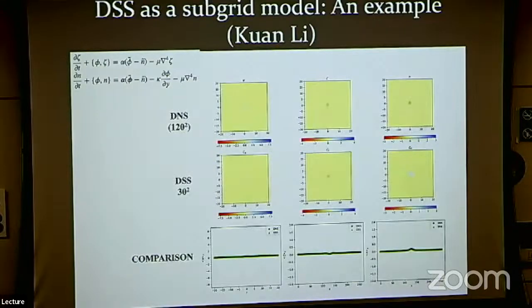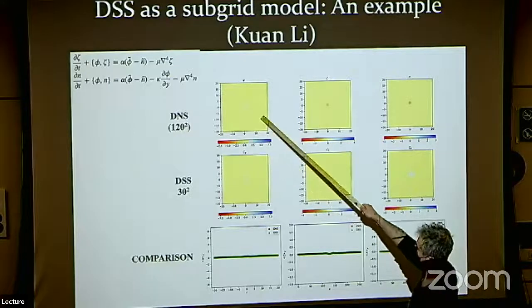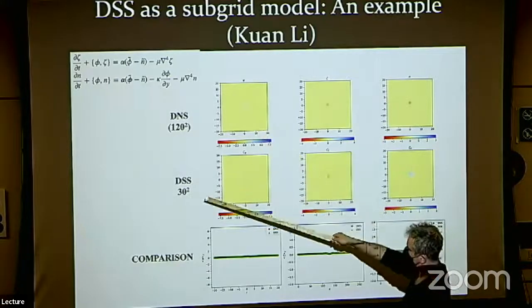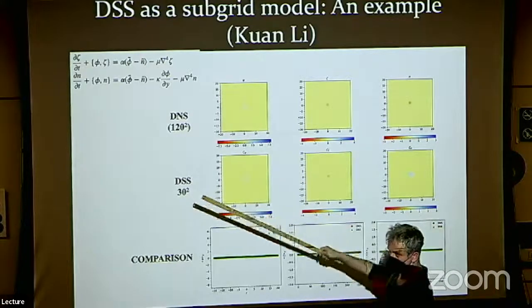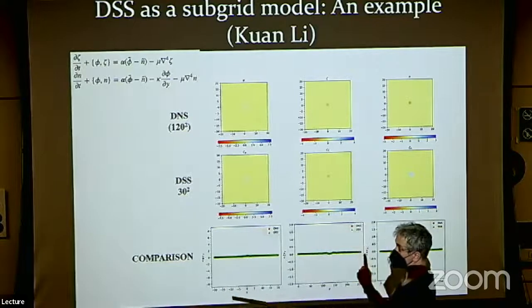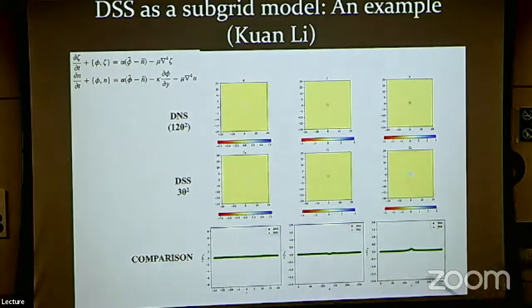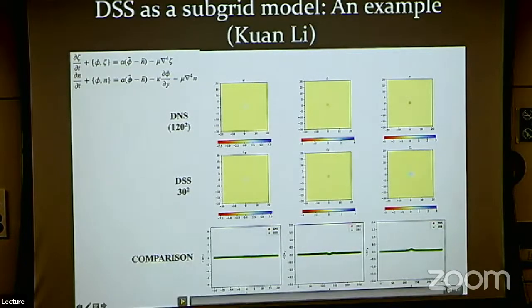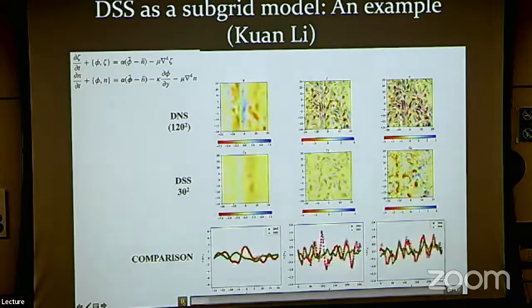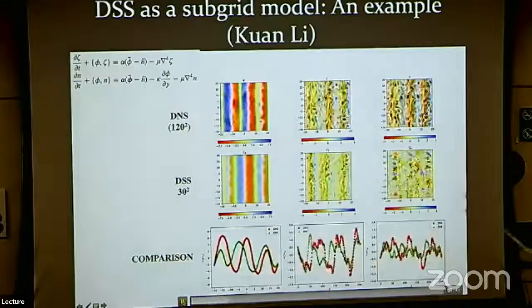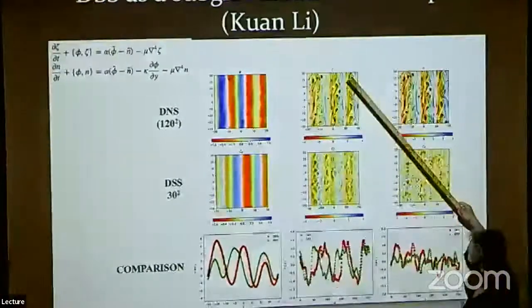Okay, twice. So then what we try to do is do some comparisons of DNS at 120 squared, DSS at 30 squared, plus 1 mode for the second cumulant. Again, we still don't understand quite why it's so good.